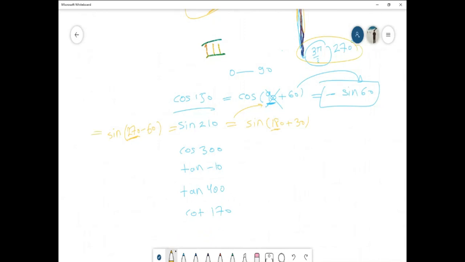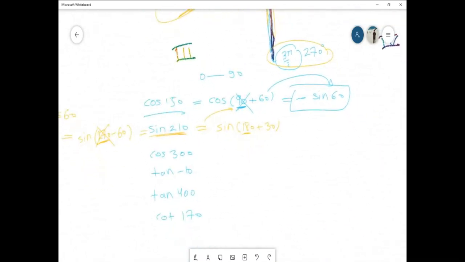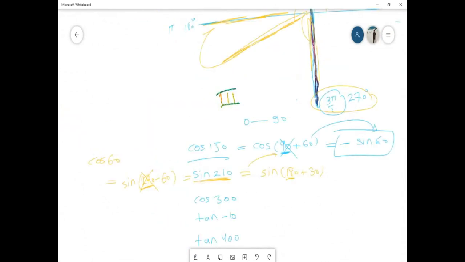But there are some differences between boundaries. Some boundaries will change the sign, and some don't. As you know, 270 is dangerous. It changes the sign. So if it was sine, then it will be cosine. Cosine of what? Just 60. And about the sign, if it's positive or negative, I look at the first one.